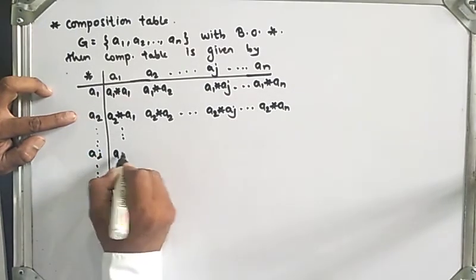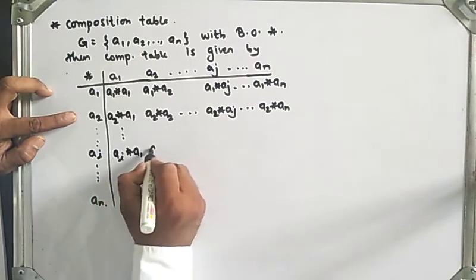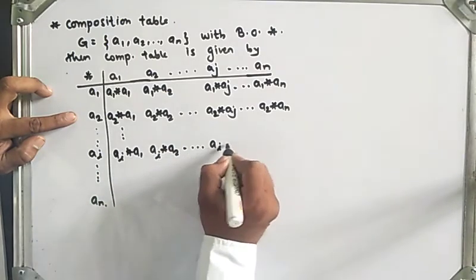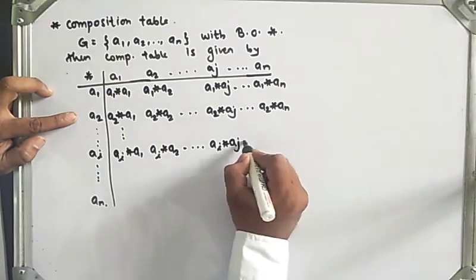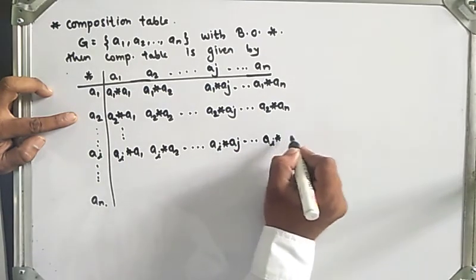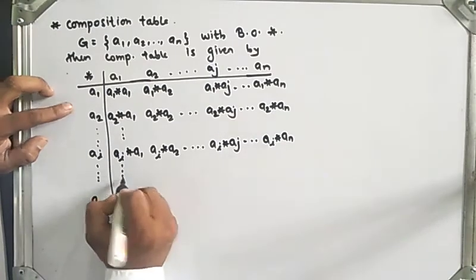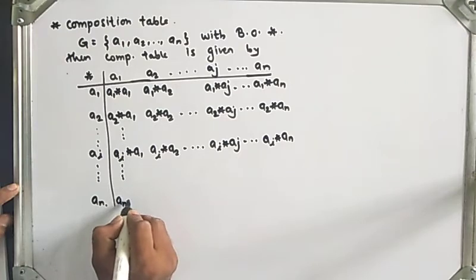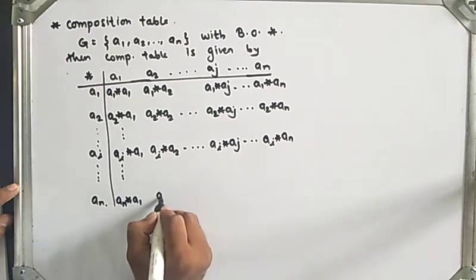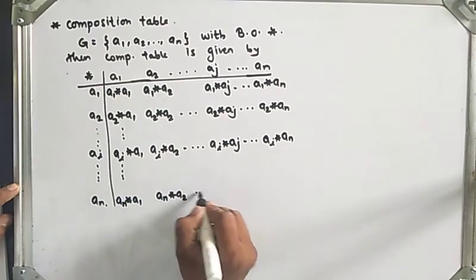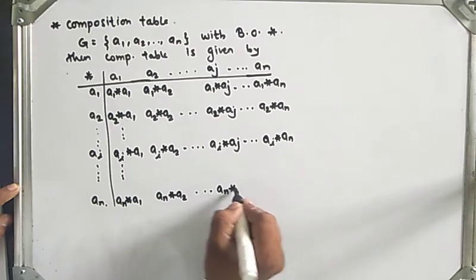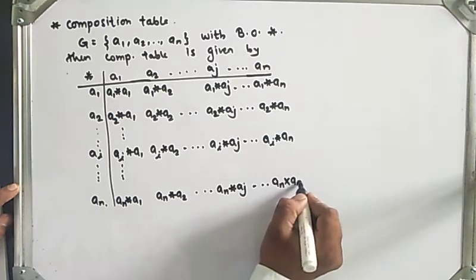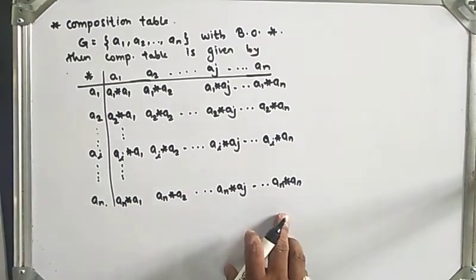Here ai star a1, ai star a2 up to so on ai star aj up to so on ai star an, and continuing in this way. So finally an star a1, an star a2 up to so on an star aj, and finally an star an, which is the composition table.